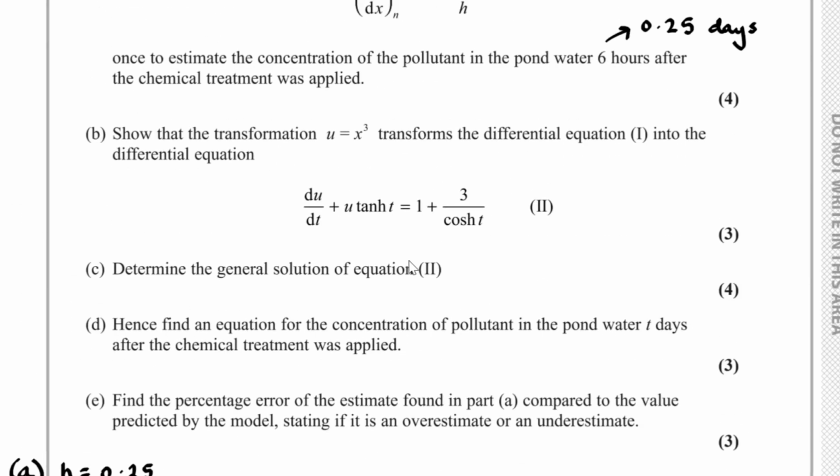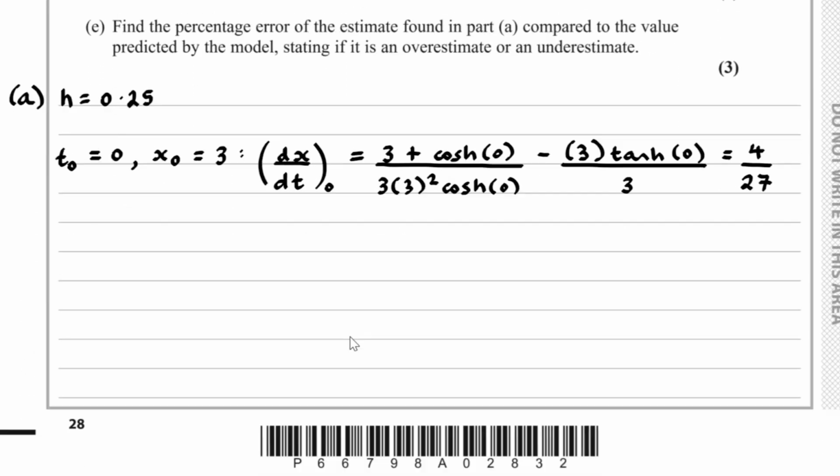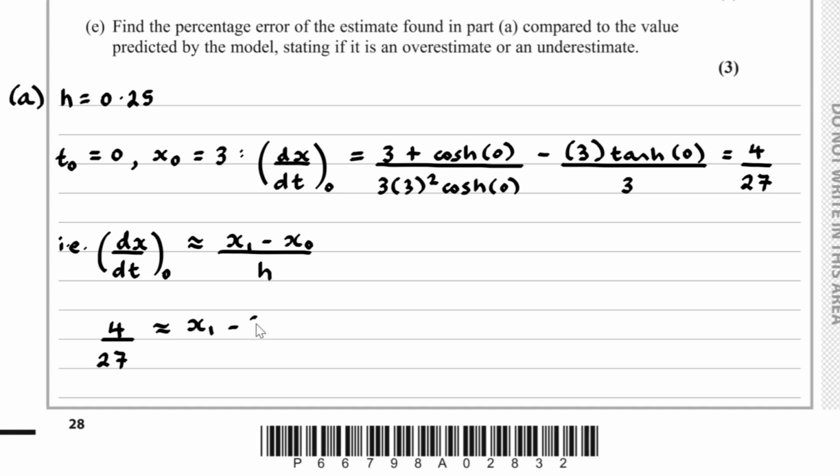And now if we use the iterative formula, we can see then we've got dx over dt naught being approximately equal to x1 minus x naught over h. So we've got 4 over 27 being approximately equal to x1 minus 3, which is what x naught is, divided by h, which is 0.25.